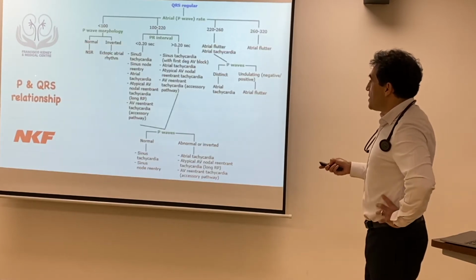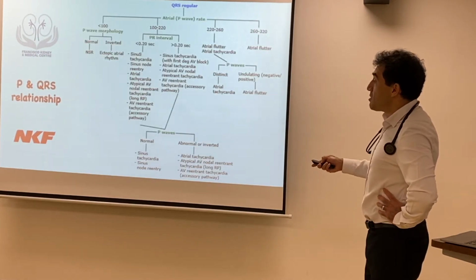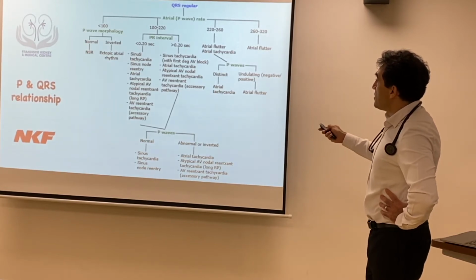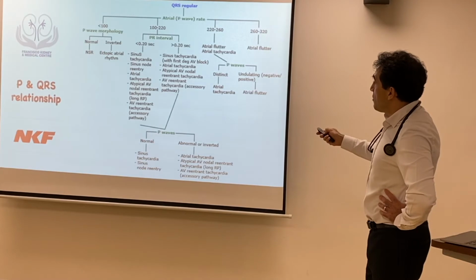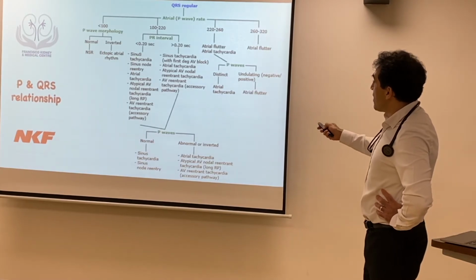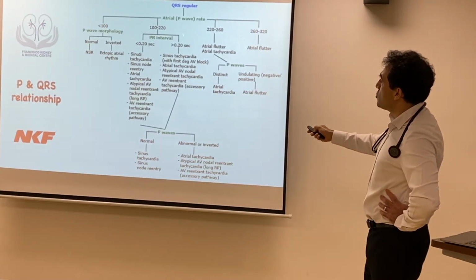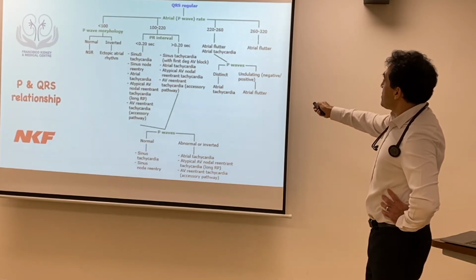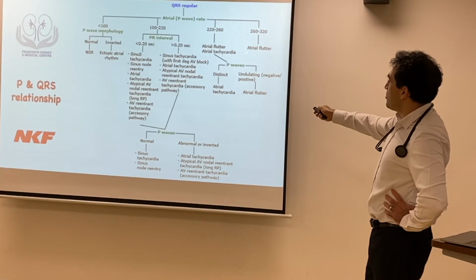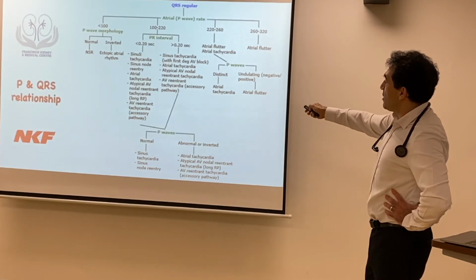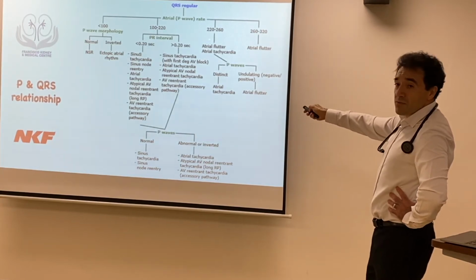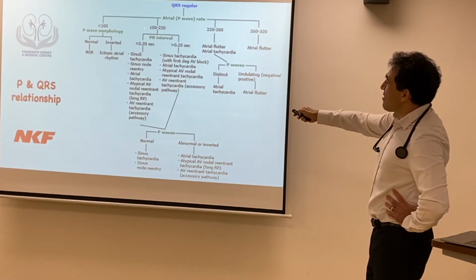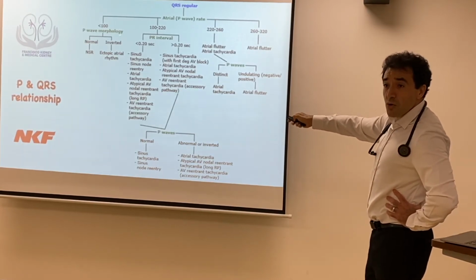What is also important is to identify the relationship between the P wave and the QRS. Is the QRS regular, are there P waves or not, what is the heart rate, and on the basis of that you can also pin down certain diagnoses. Typically, when the rate is very fast, atrial flutter or atrial tachycardia is more plausible. In sinus tachycardia, usually the rate doesn't go that fast.